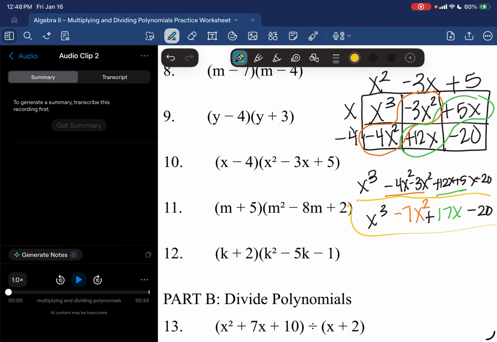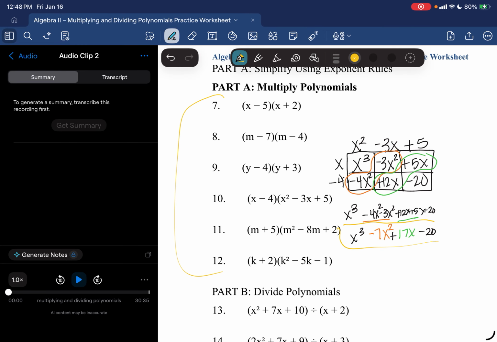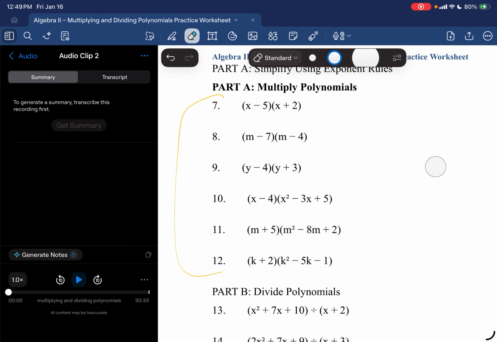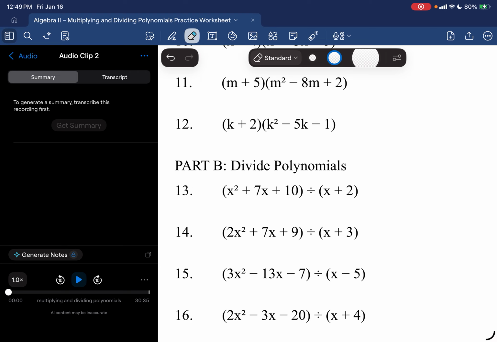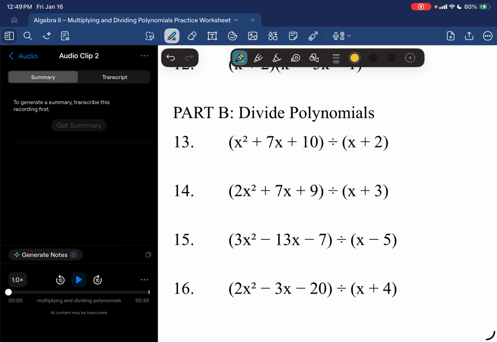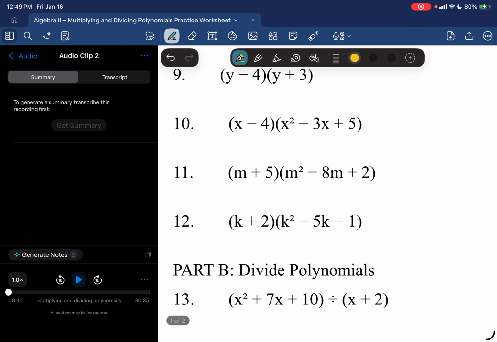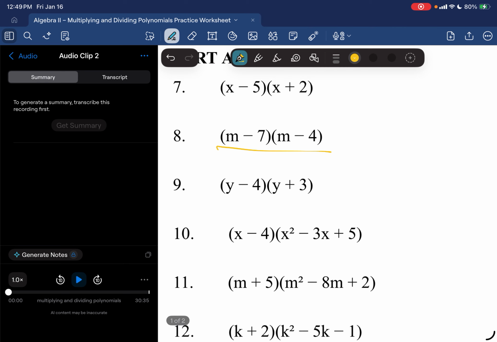Okay, so go ahead and try number 7 through 12. All right. Your answer for number 8 should be m squared minus 11m plus 28. Your answer for number 9 should have been y squared minus y minus 12.